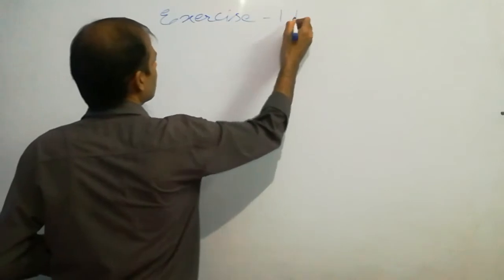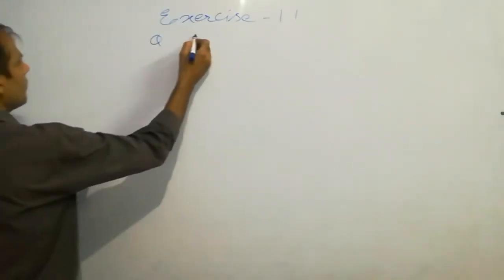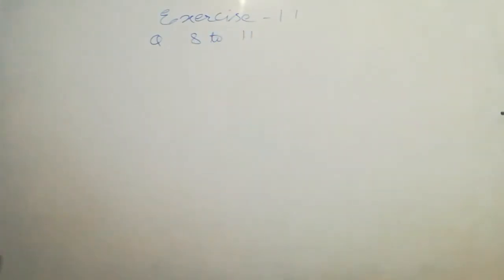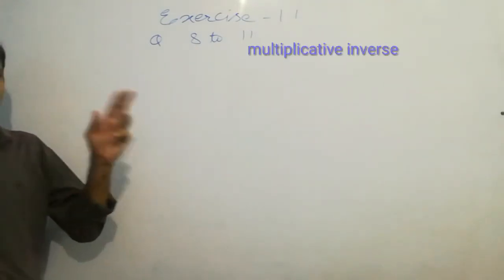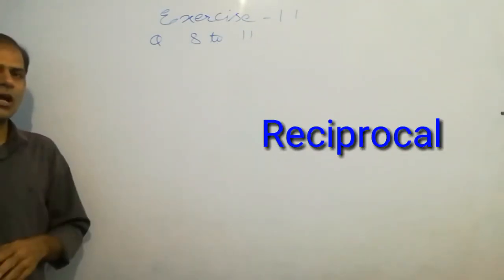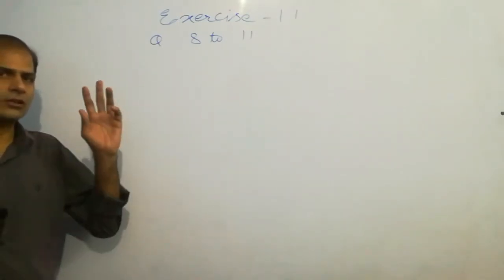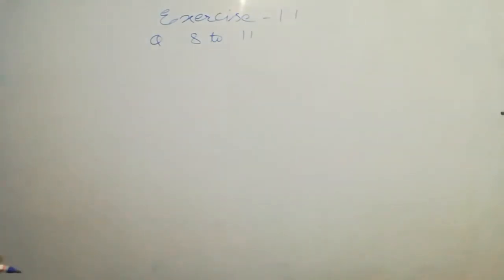I will solve questions from 8 to 11 of exercise 1.1. All these questions are related to multiplicative inverse, reciprocals and other properties of rational numbers. So regarding these three concepts I am going to solve the remaining questions.